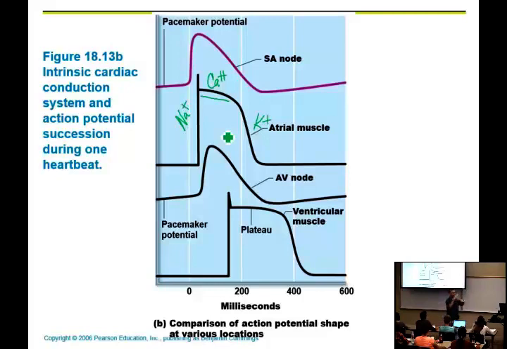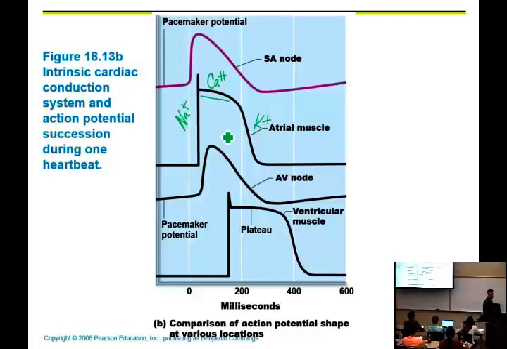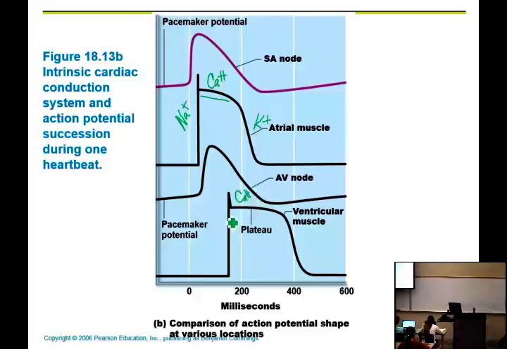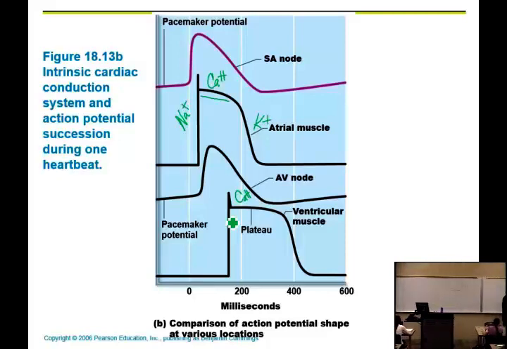But in this case, it's actually changing the membrane potential and influencing the action potential itself. Calcium coming into the cell keeps the inside of the cell more positive for a long period of time, so it keeps it in a depolarized state, and then when those calcium channels close, the potassium brings it back down again.